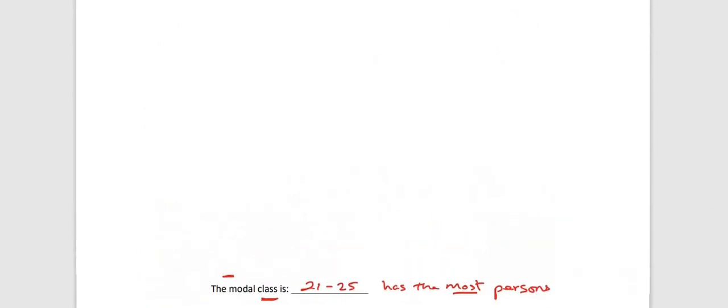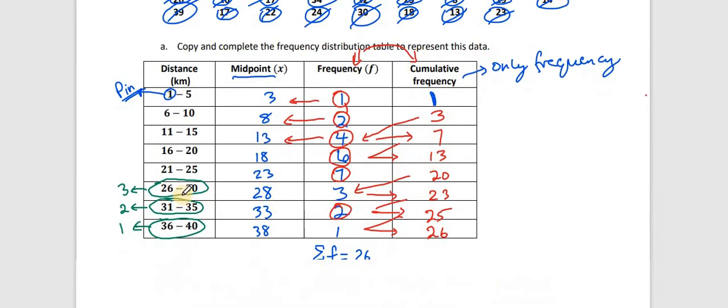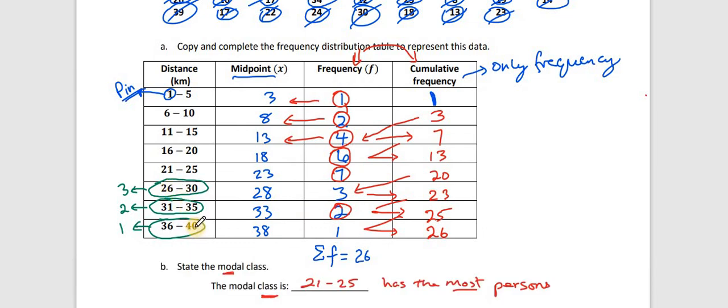So what they're really asking is, out of the 26 students, how many recorded a distance of 26 kilometers or more? These 3 students recorded a distance of 26 to 30, correct? Yes, sir. These 2 students recorded 31 to 35, and this one student falls in 36 to 40 kilometers.